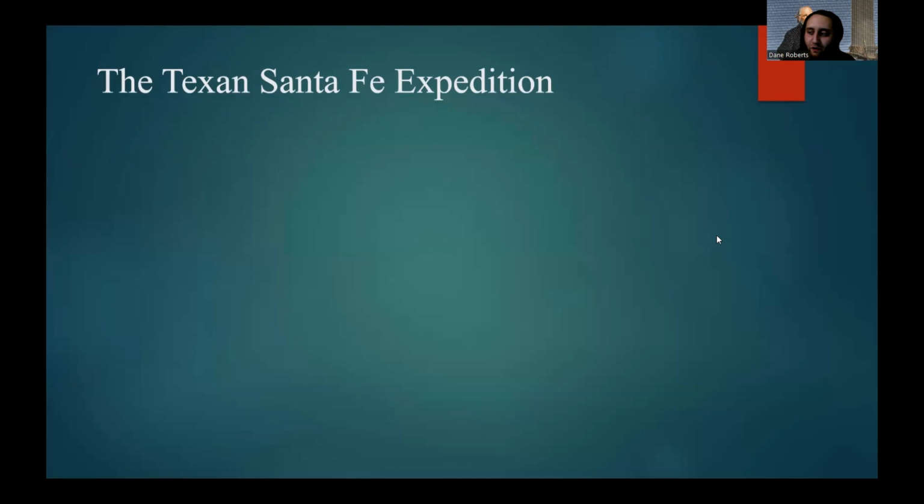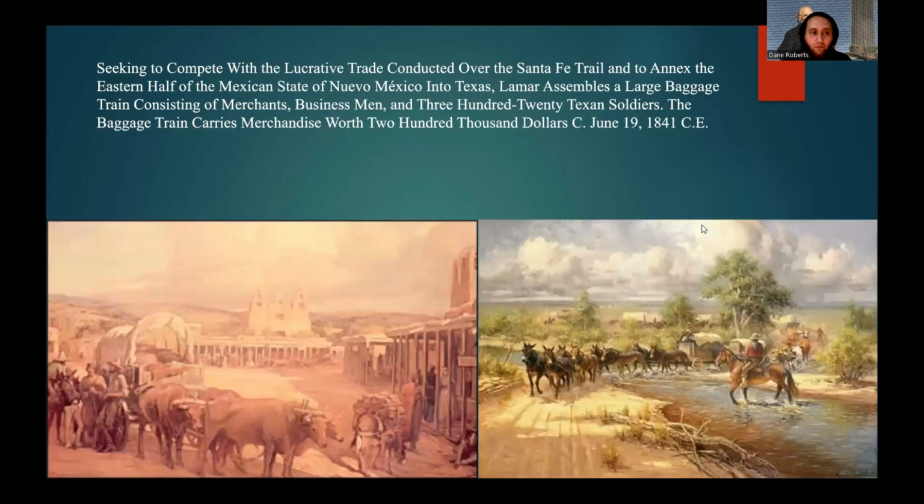Now, this brings us to what could be argued is the biggest debacle of Lamar's presidency, the Texan Santa Fe Expedition. So, what was this expedition?